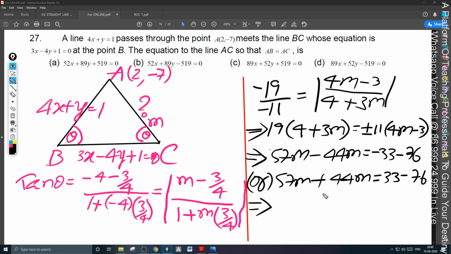This is 7 plus 6. It is 13m is equal to minus 109.